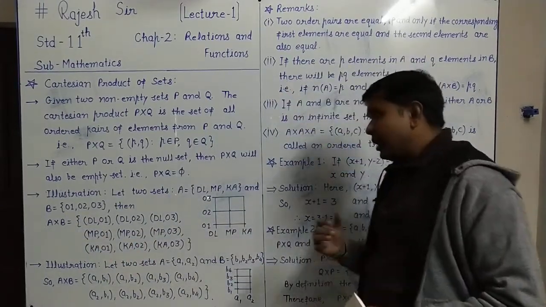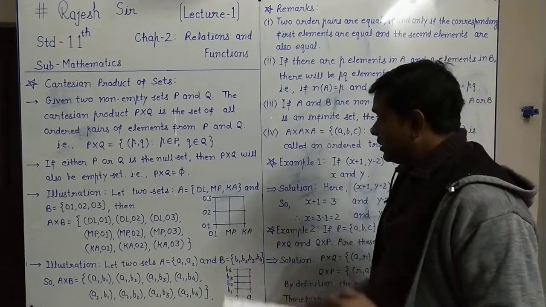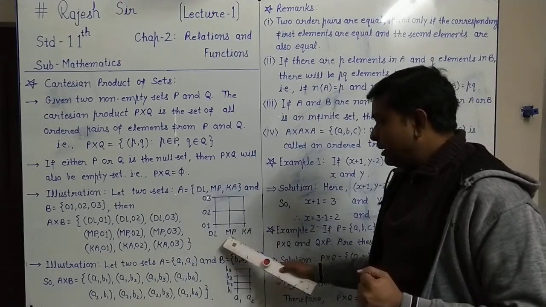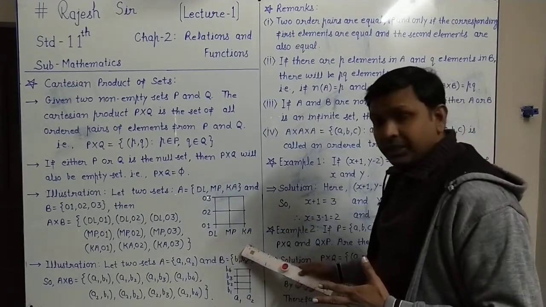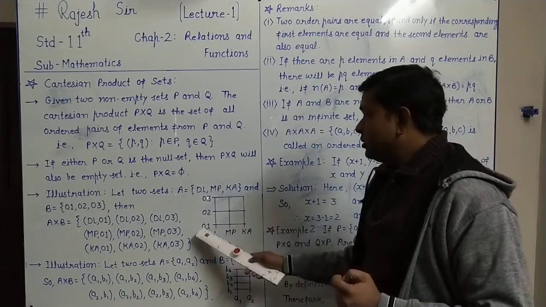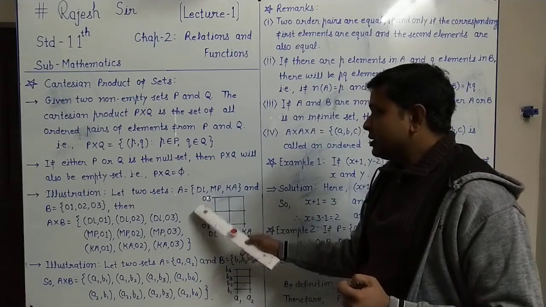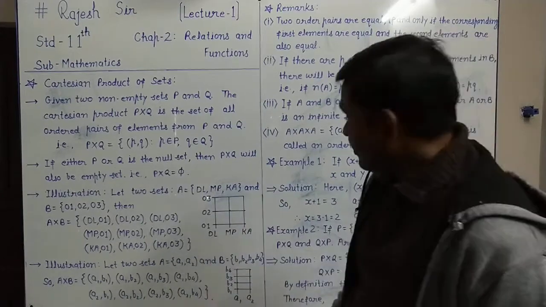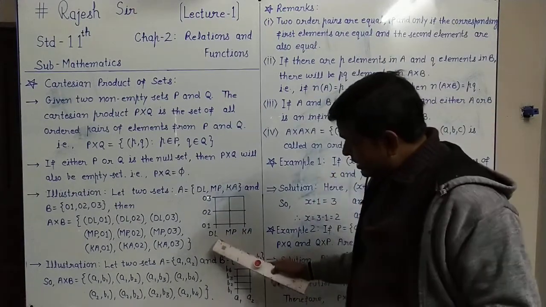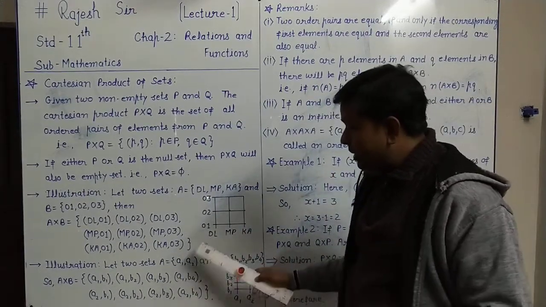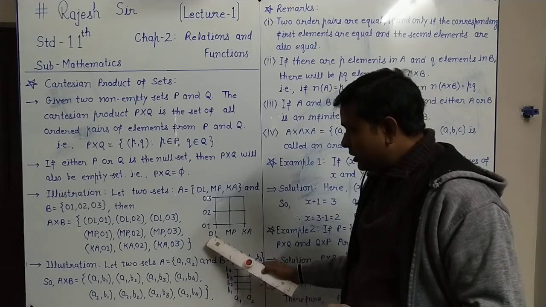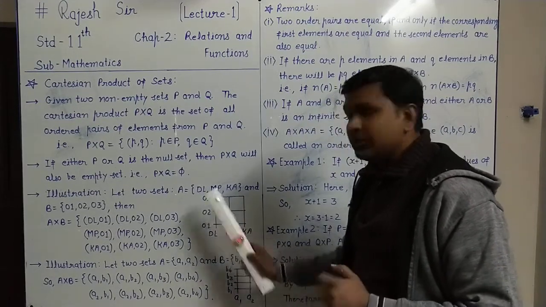To understand it well, we have drawn it this way. About A, the elements DL, MP and KA are shown here, and about B, the 01, 02, 03 number plate series are written. Now from DL we can make the ordered pairs DL01, DL02, DL03.